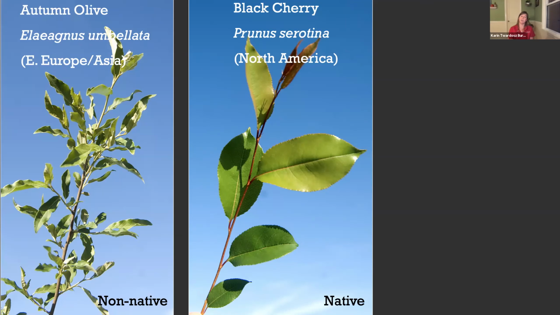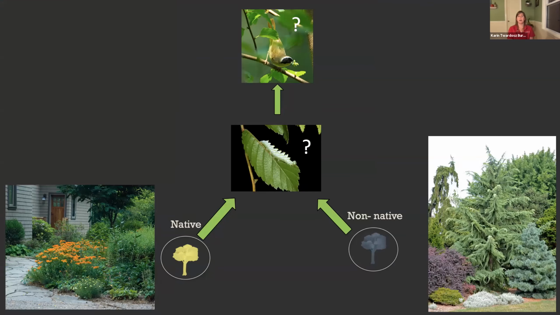We would call that a native plant. In contrast, autumn olive, which originated in Europe and Asia, we would consider a non-native with this framing. And so the question is, are these native plants the ecological equivalents of the non-natives for supporting insect herbivores and bird populations?